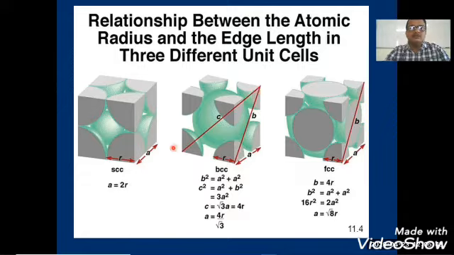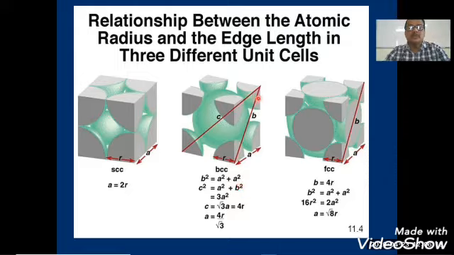Then what will be C? C is the body diagonal. So C square will be equal to A square, this is A, that is the edge length, plus B square. B is the face diagonal. If you substitute them, you will get C square is equal to A square plus B square.